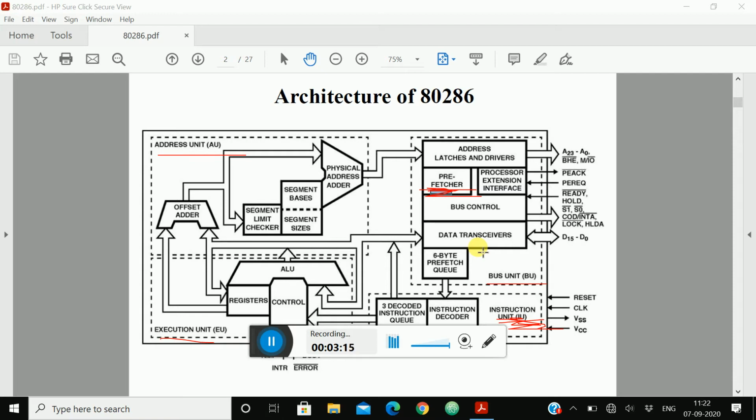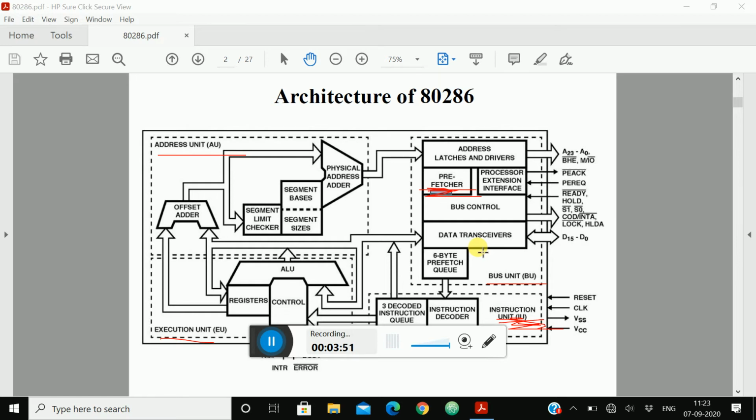It has 5 registers: the 8086 flag register, general purpose registers, pointer registers, index registers, and one 16-bit additional register called MSW, that is the machine status word register. We'll be studying about it in our further classes. It will also come in 80386.